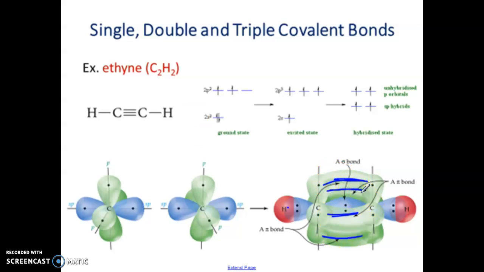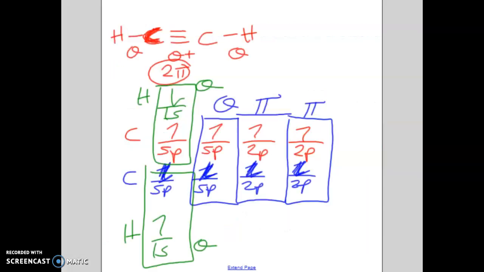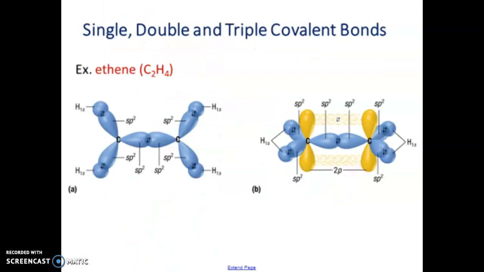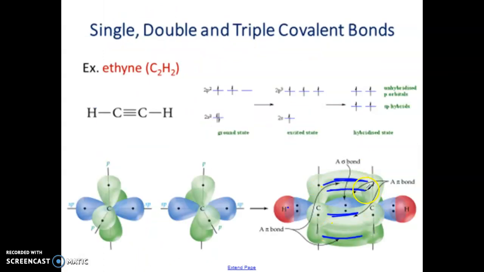Now, when you're drawing these, I will not expect you to draw a triple bond with the 3D diagrams, okay? You can do it in this way. I will expect you to draw a triple bond using orbital diagrams and Lewis structures, but I will not ask you to draw a triple bond using the 3D representations.